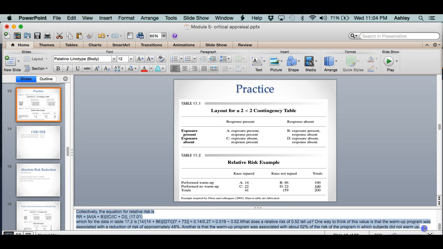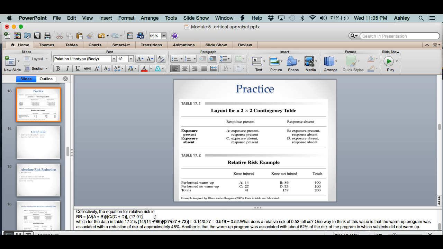So you can look at this to determine how to use it and calculate it because you have the numbers to do so. I just want to give you an example. This is what you're looking at. You have A, B, C, D. Essentially, relative risk, and here's the equation again: A divided by A plus B, divided by C divided by C plus D, to get your answer, okay?